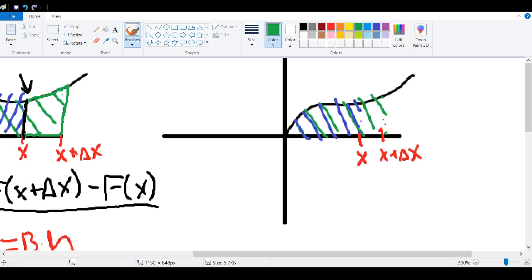And if you see, this new area is a little bit closer to that of a rectangle than it was when delta x was a little bigger. And so the error between the area of this shape and the area of a rectangle with the same height, it shrinks as we shrink delta x.